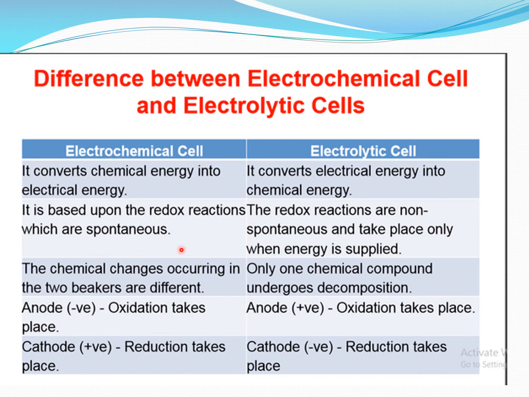In an electrochemical cell, the anode is negative, at which oxidation takes place, and the cathode is positive, at which reduction takes place. In an electrolytic cell, the anode is positive where oxidation takes place and the cathode is negative where the reduction reaction takes place.